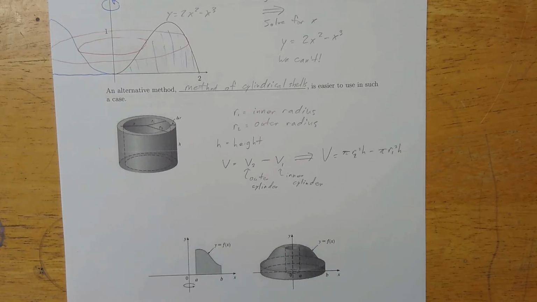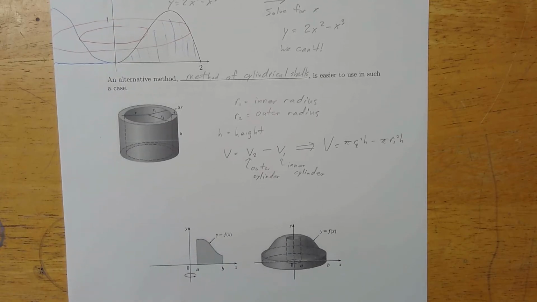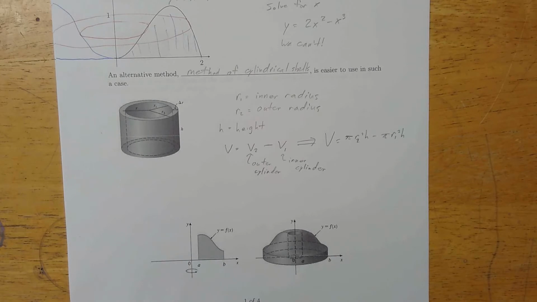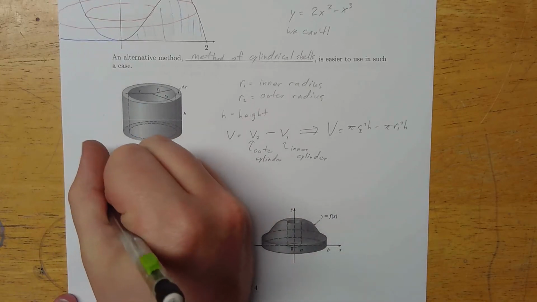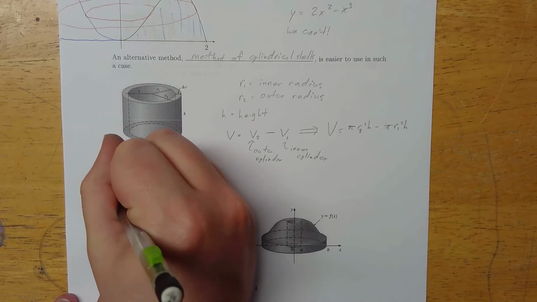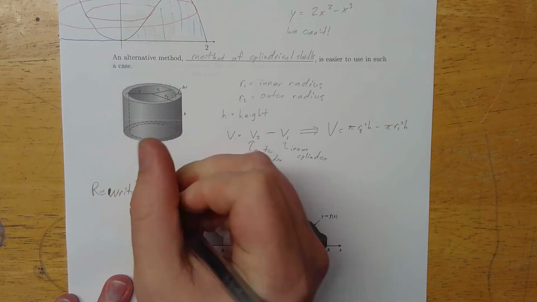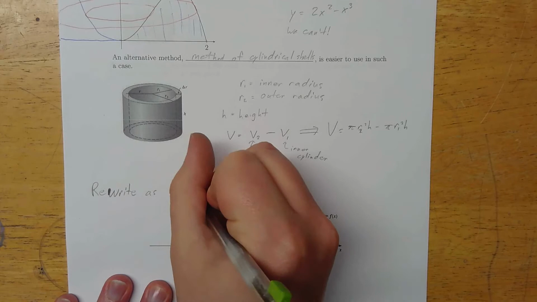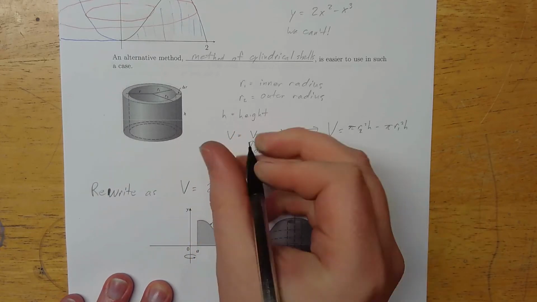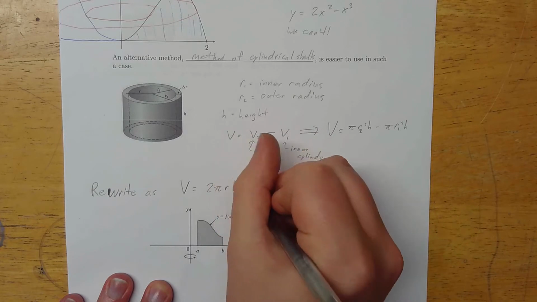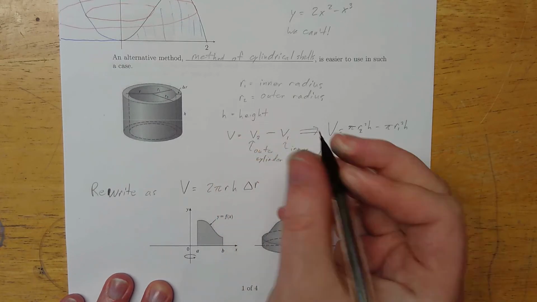But we can actually rewrite this in a way that'll be a little bit easier to work with. We're going to rewrite this as the volume will equal 2 pi r h times delta r.